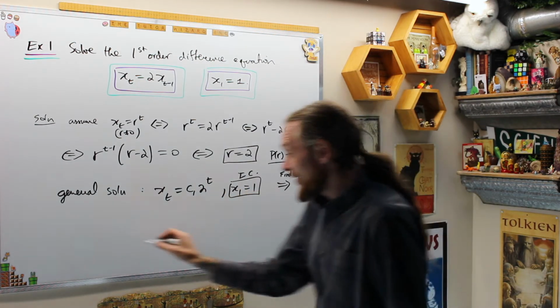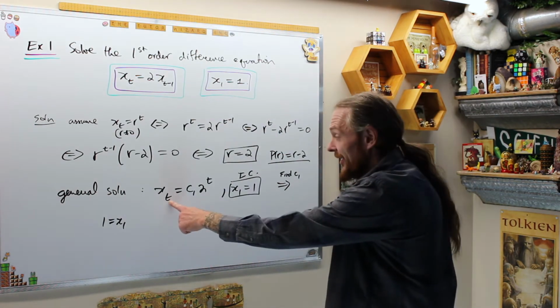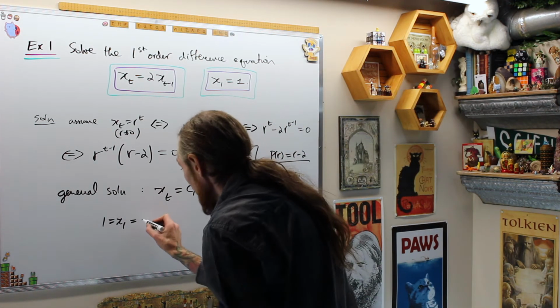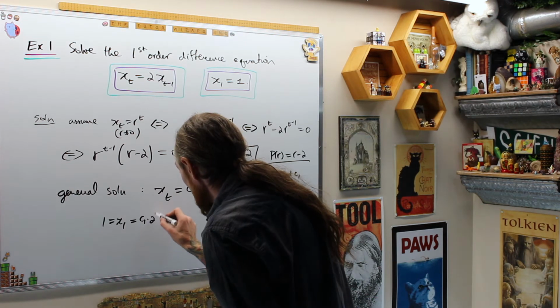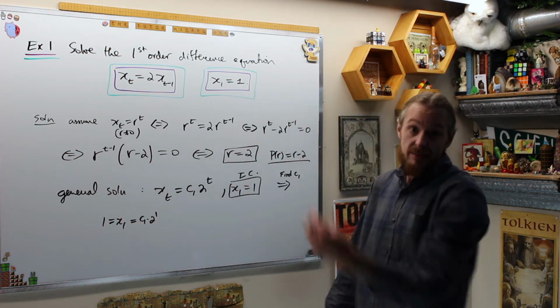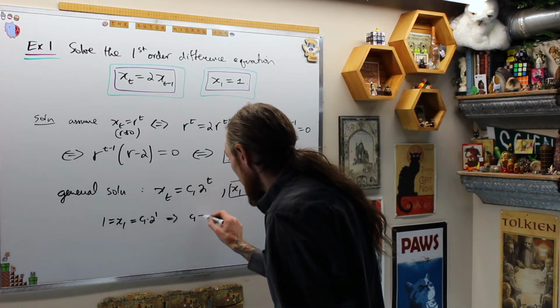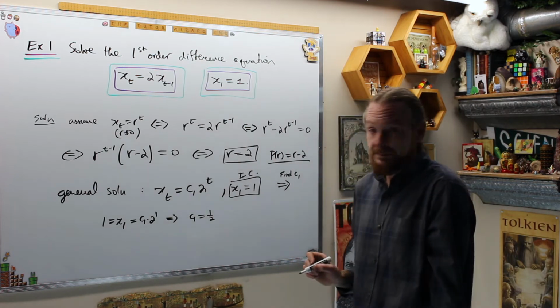So this is telling us 1 is equal to x_1. On the other hand, if I put x_1 in here, this will be equal to c_1 times 2^1. Now I can solve for c_1 in this equation and I can get the unique solution. That tells me c_1 is going to be 1/2.